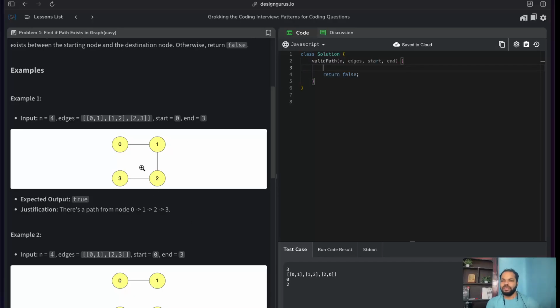We know the start and end, so we'll search for the zero in all these edge arrays. If we find the zero somewhere, then we start looking for the next one in the other ones, but it will be quite long because for all of the zeros I will be looking for all of the other ones.